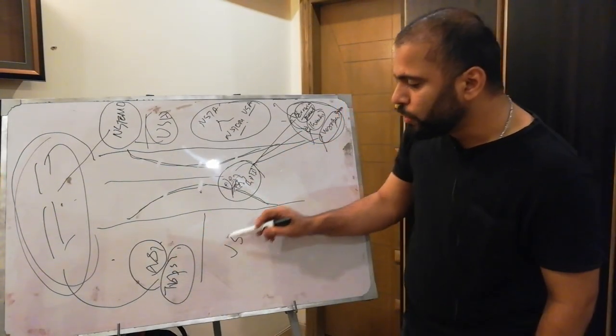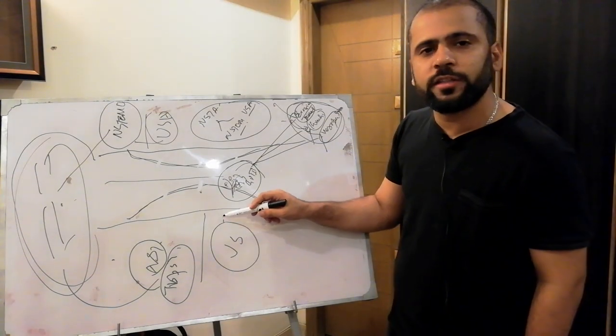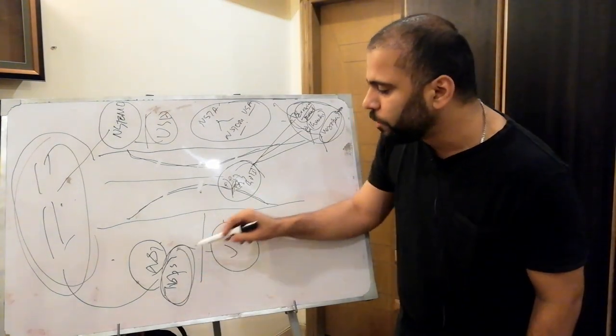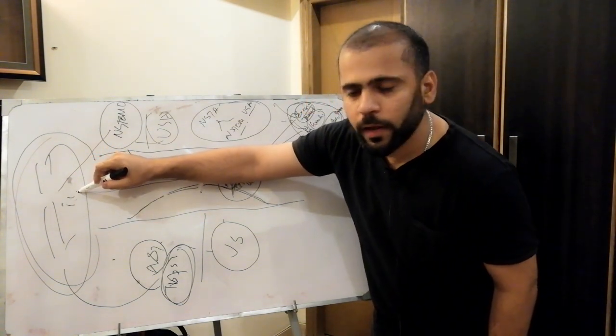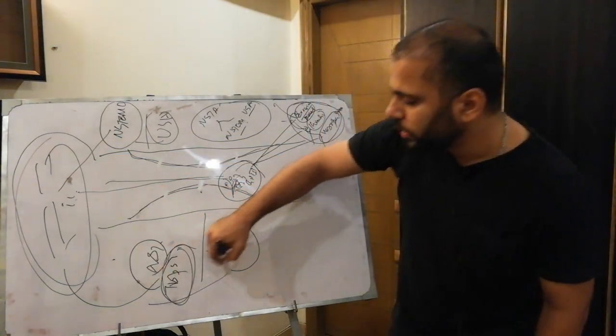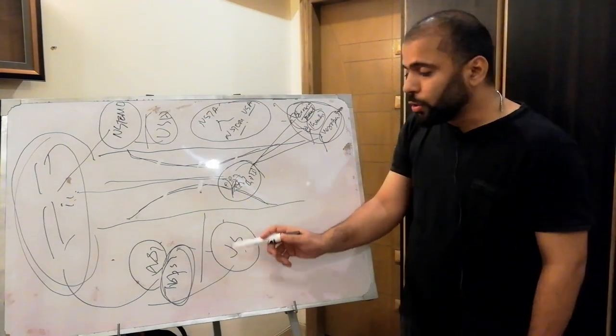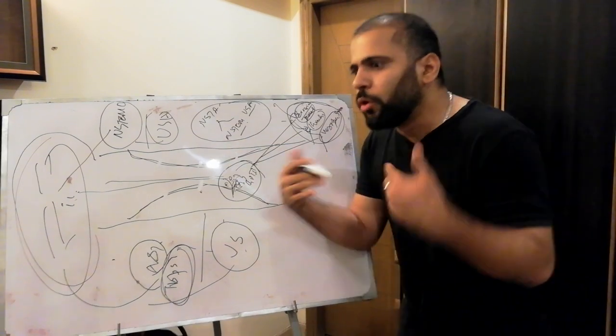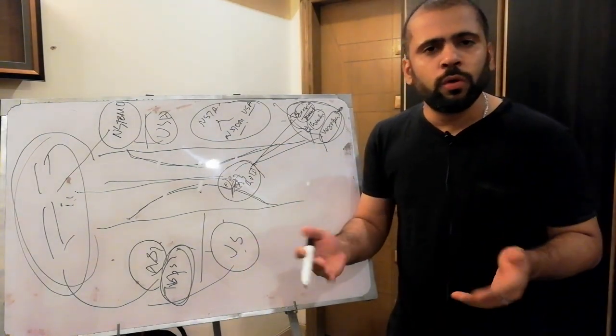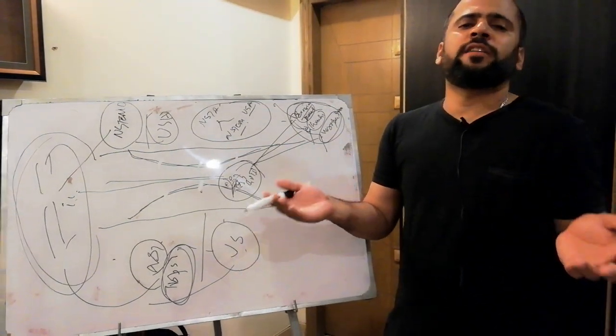But if you get all the things of the non-ST ACS but not this, it means myocardial infarction is yet to be done, so you will call it unstable angina. But you have to be very vigilant in these patients, because anytime they could turn into non-ST elevation MI or even ST elevation MI.